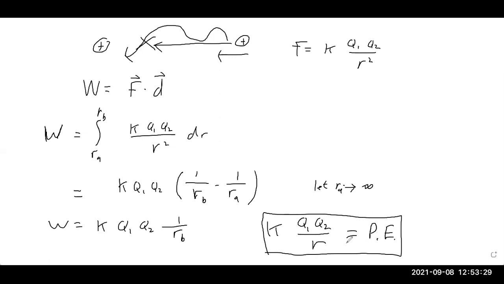So this is different from our force equation. It still depends on the product of the charges and our constant k or 1 over 4 pi epsilon naught. And it does depend on distance. But instead of depending on distance squared, it's just distance to the first power, or inverse distance to the first power.